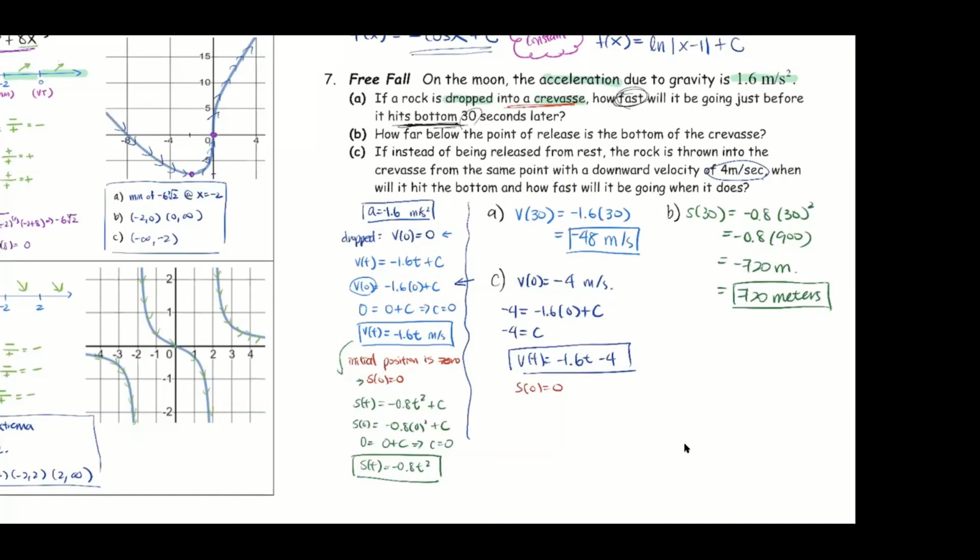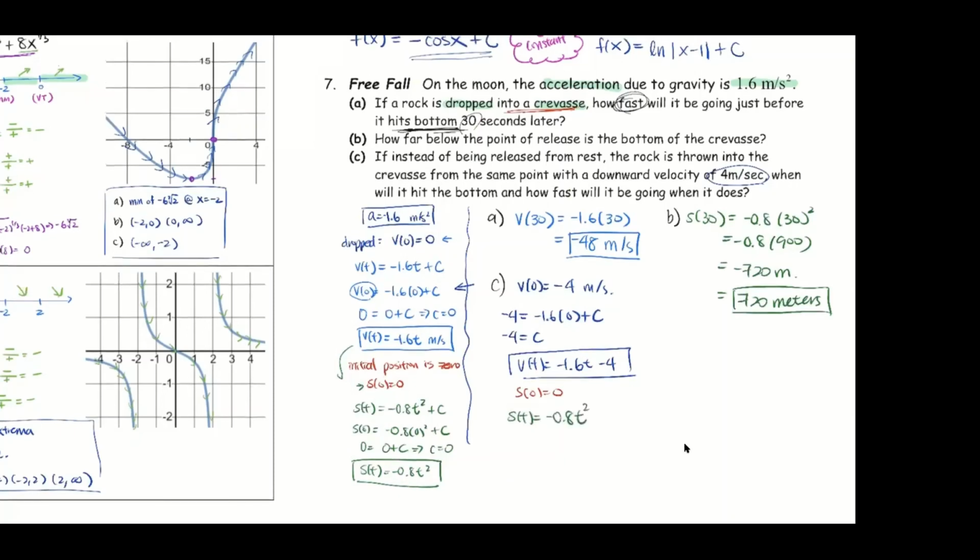So now your function is going to be S of t equals negative 0.8t squared, that came from the negative 1.6t. What about negative 4? It will give you negative 4t because remember, anytime you have a constant, you must have had a variable with it to have that constant number taken out as a derivative.